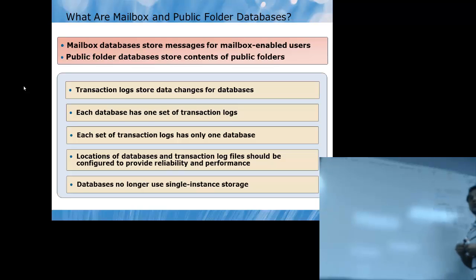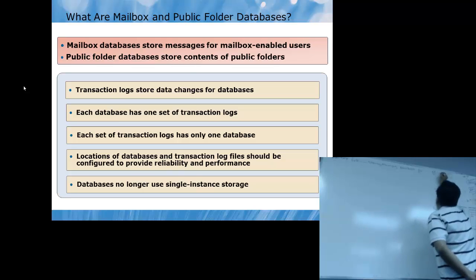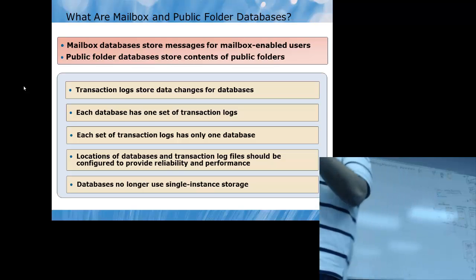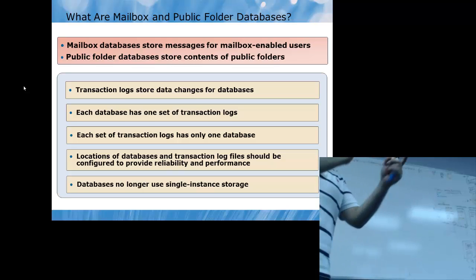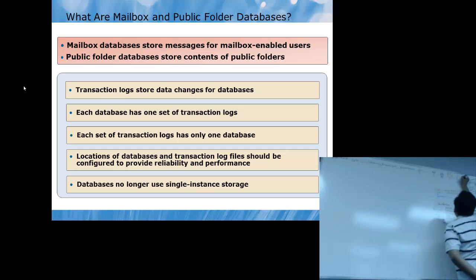So this is number 3 that we need to understand. There is a database where this mailbox sits. So now we need to understand it like this: the user's mailbox sits in the database, and the database is inside an Exchange server. The Exchange server is inside our Exchange organization. So this is the Exchange org.